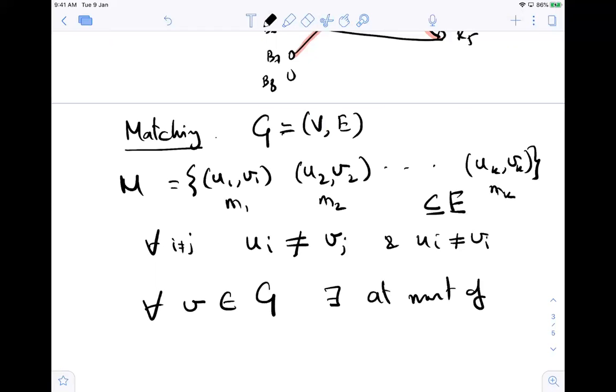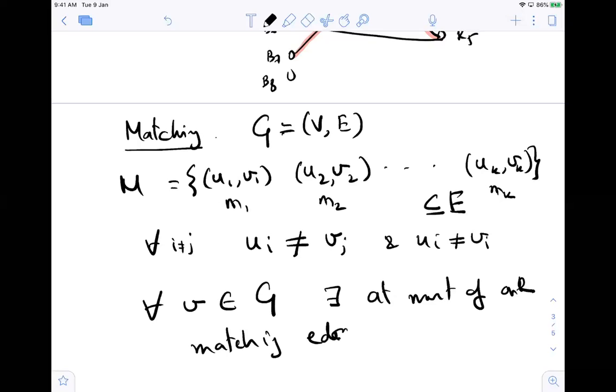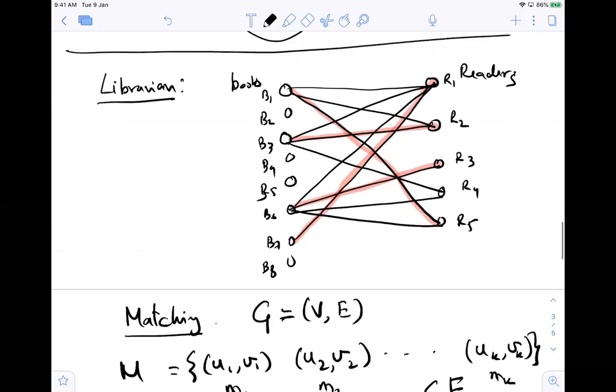There's at most one matching edge which contains V. So no vertex should participate in more than one edge. Okay.